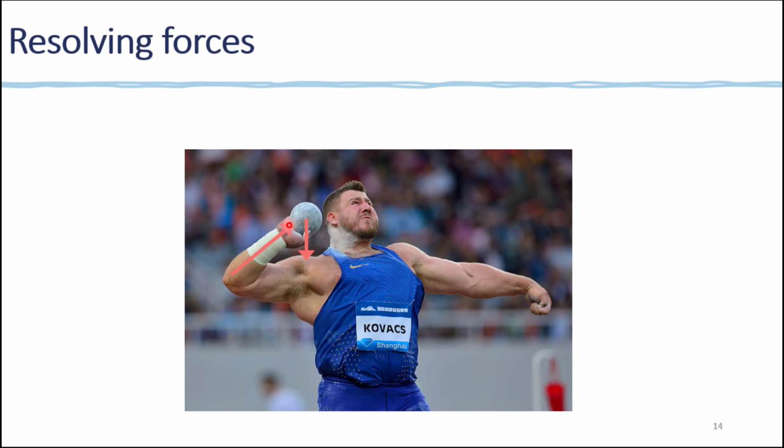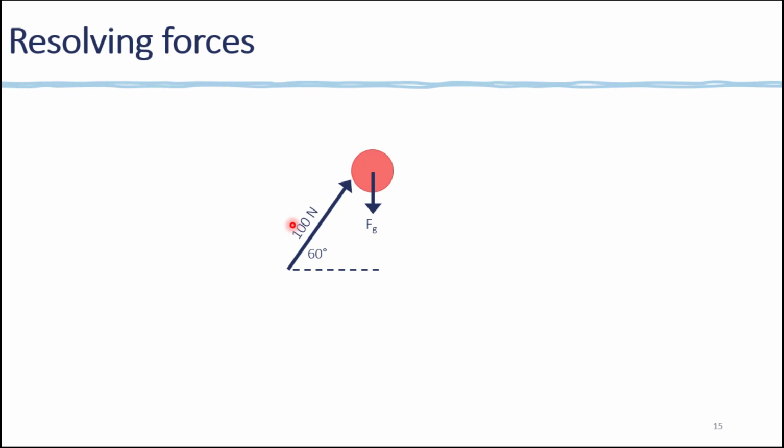The force from the athlete is pushing upwards and forward on the shot. Now, because this force acts to push the shot both horizontally and vertically, it can be represented by two different forces, a horizontal force and a vertical force. And those are the two components of this one force here.